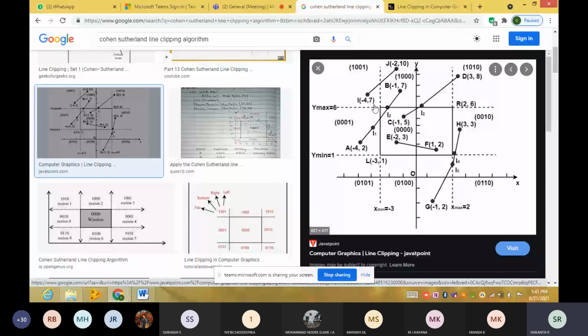So this point is lying at a position called 1001, and this is at a position 1000. If you make the AND operation of that, and it's not OR operation. Listen here, it is not OR operation, guys. Here we are supposed to do AND operation. If you do the AND operation of this, will you get all zeros or will you get at least one bit as 1?